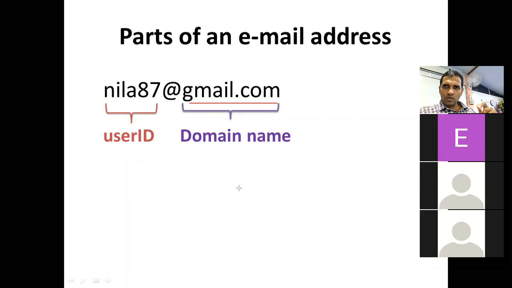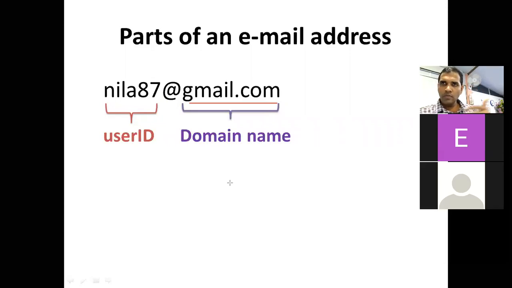To provide email addresses to the users, there are email providers on the internet. If I want to get an email address, I have to approach email providers. There are many providers available on the internet. I will explain about the providers later. One of the most popular providers is Google.